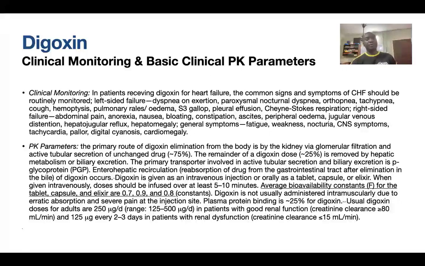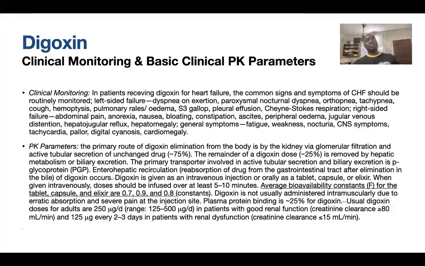The primary transporters involved in active tubular secretion and biliary excretion are the P-glycoproteins, and it's important to note enterohepatic recirculation, that's the reabsorption of drugs from the GI after elimination in the bile, also of course for digoxin. Digoxin can be given as an IV injection, as a tablet, capsule, or elixir.